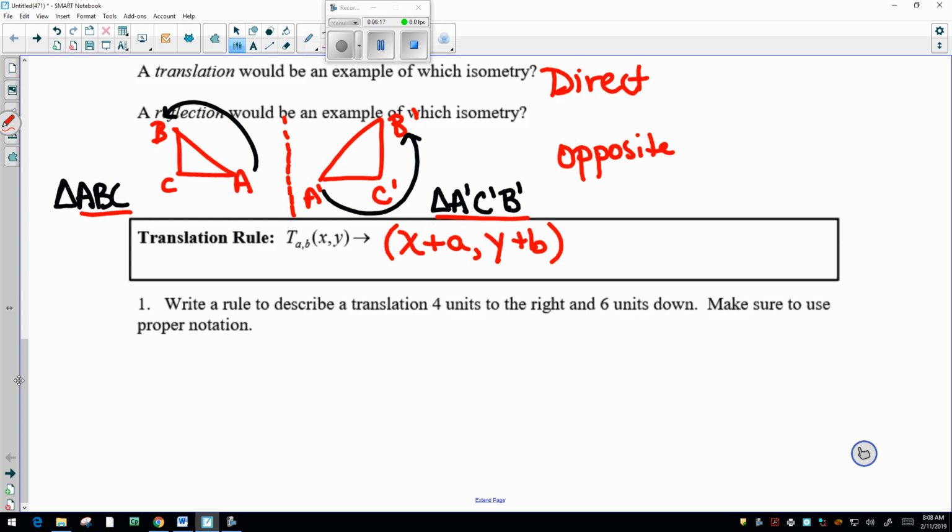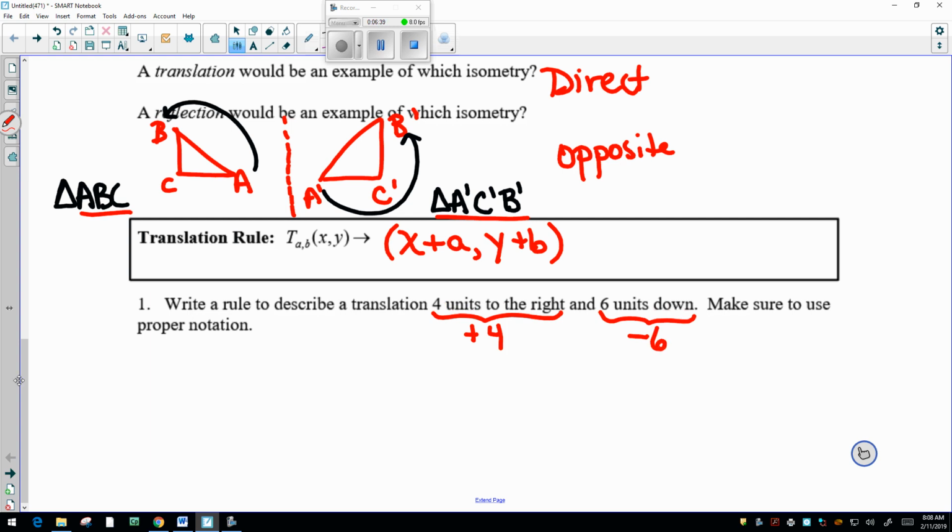It says we're going to write a rule to describe a translation, 4 units to the right and 6 units down. If I'm going 4 units to the right, I know that I'm moving in the positive direction 4 units. If I'm going 6 units down, that means I'm moving in the negative Y direction, 6 units.